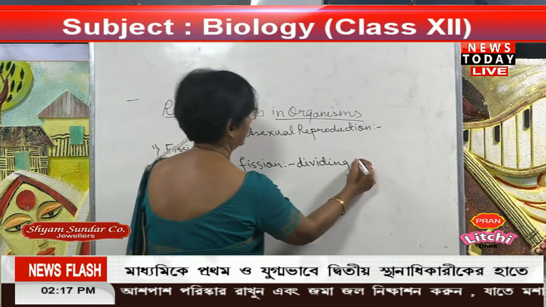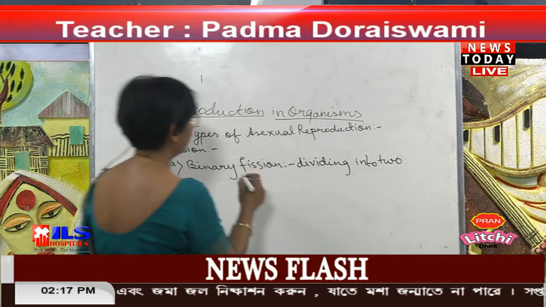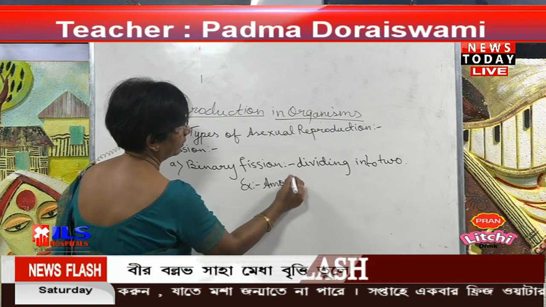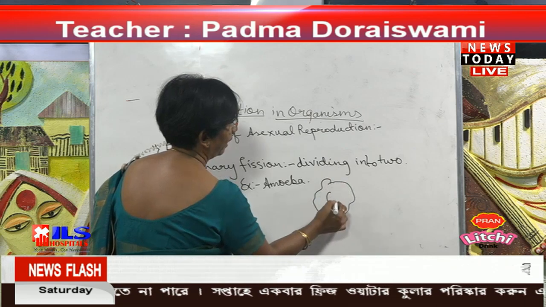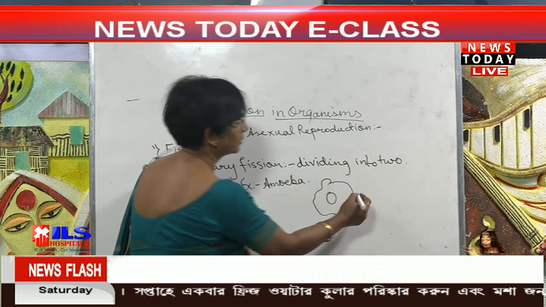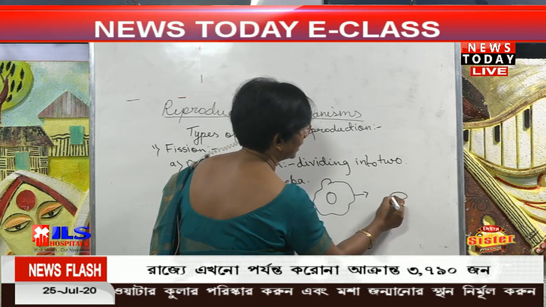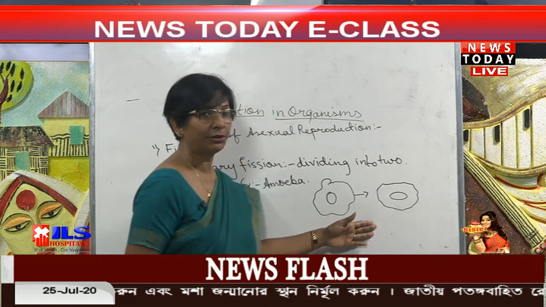Dividing into two. For example, take the amoeba. The amoeba has a nucleus. The nucleus is going to be stretched like this, and then the body, the cytoplasm, is also stretched.